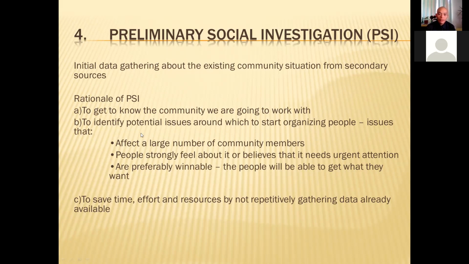So potential issues that are winnable, potential issues that we can solve, potential issues that are health related, those are what we need. Again, lastly, why do we do preliminary social investigation?